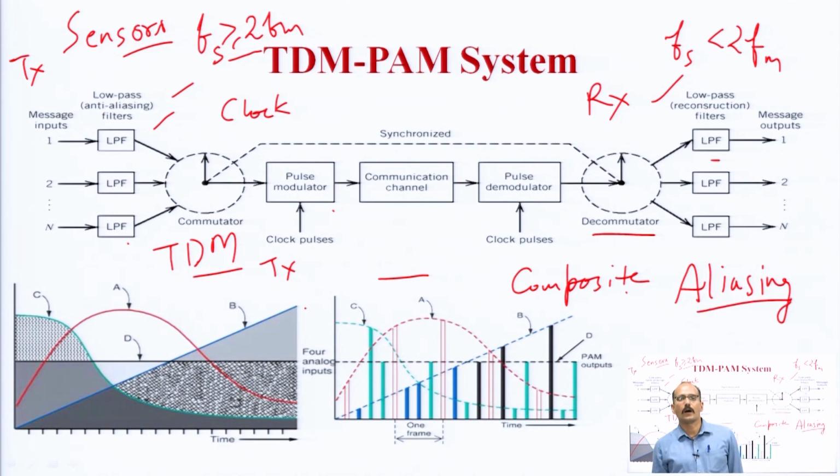This aliasing problem will create distortion or deformities in the received signal, which will give an error, and the original signal will not be recovered. So, this is the TDM PAM system.